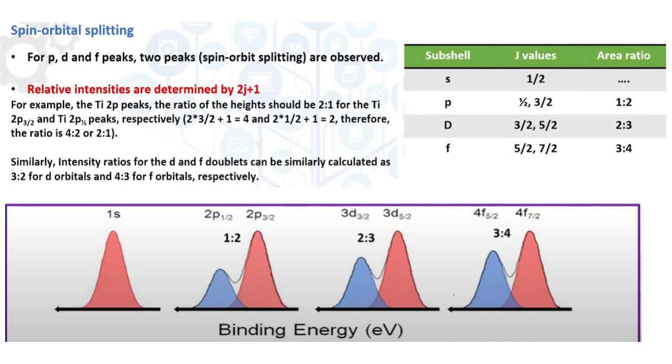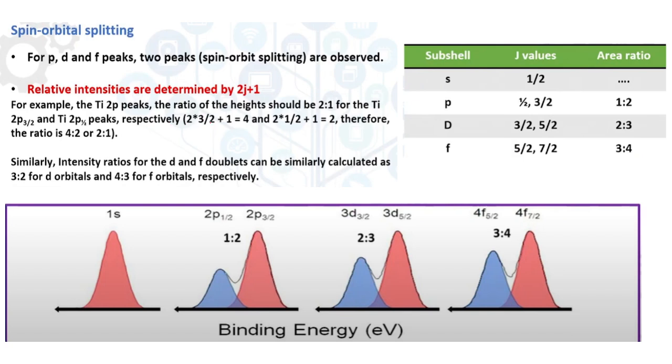So after getting the data, you have to fit it, and how the intensity is different is determined by an equation, that is 2j plus 1. For example, if you consider the titanium 2p peaks, the ratio of the heights should be 2:1 for Ti 2p 3/2 and Ti 2p 1/2 peaks respectively.